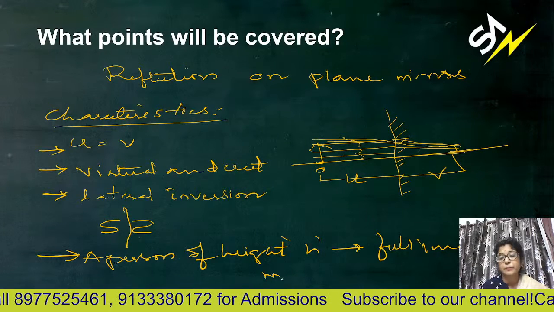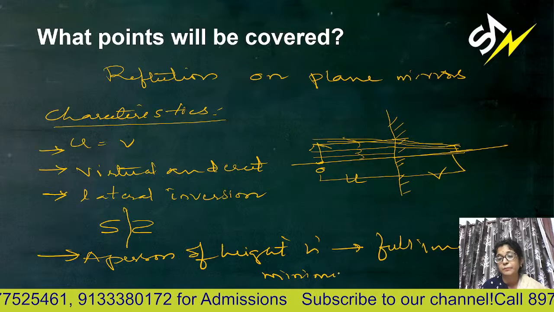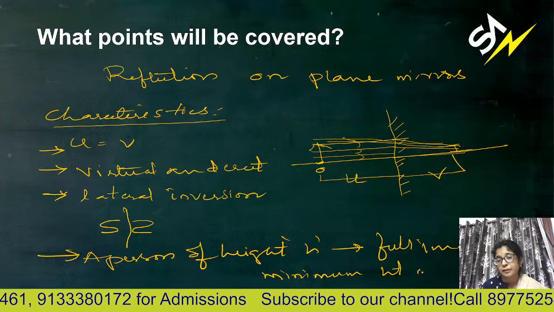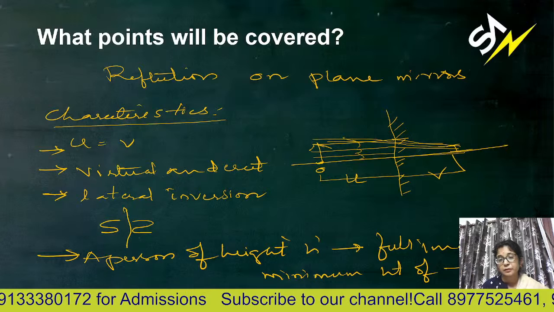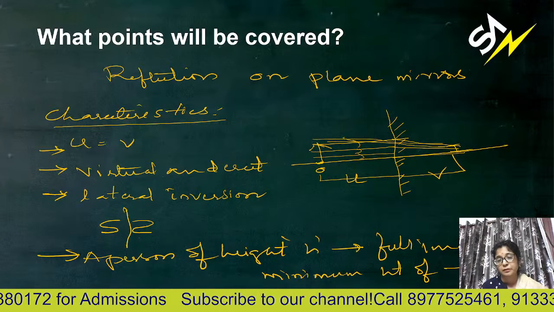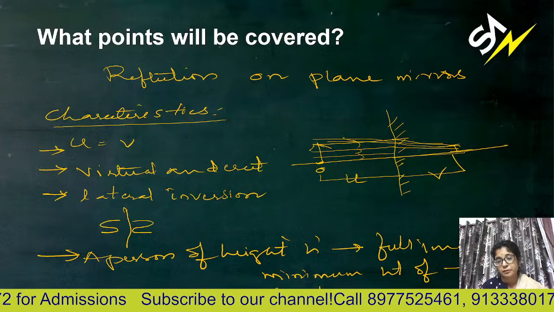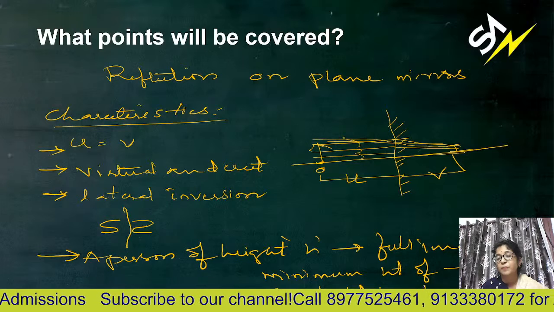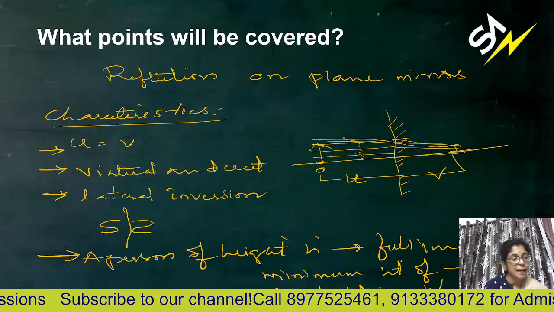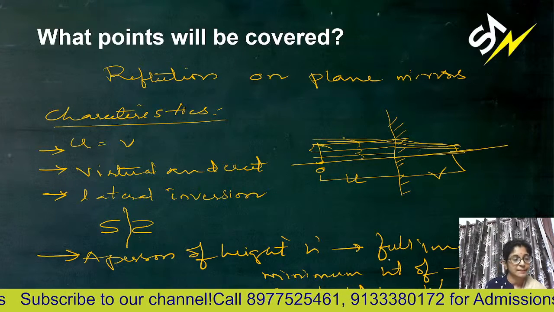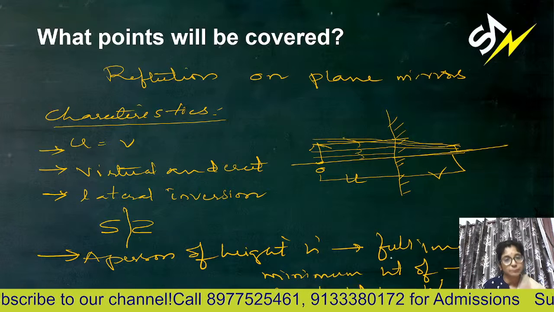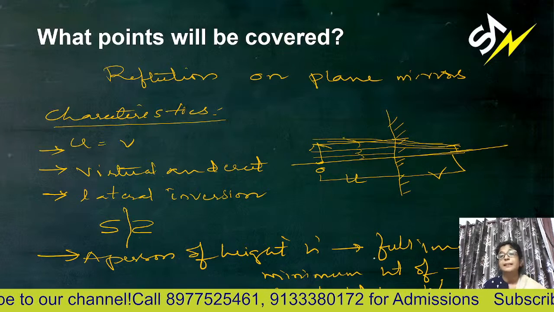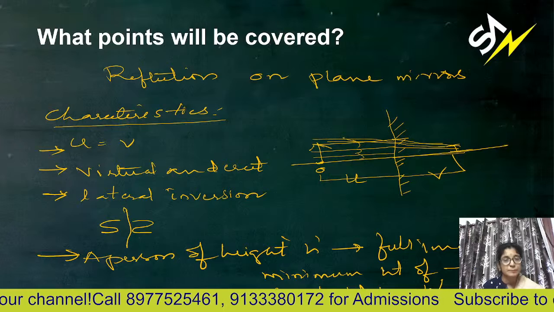The minimum height of the mirror should be h by 2, half of his height. For example, a 6 feet man wants to see his full image in the mirror.